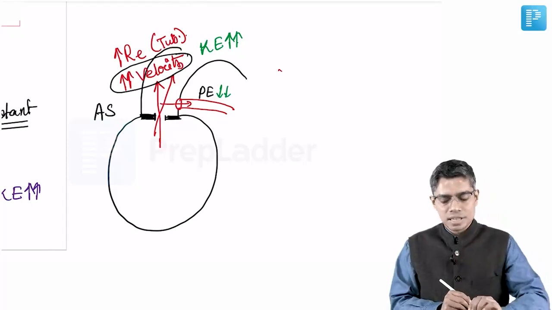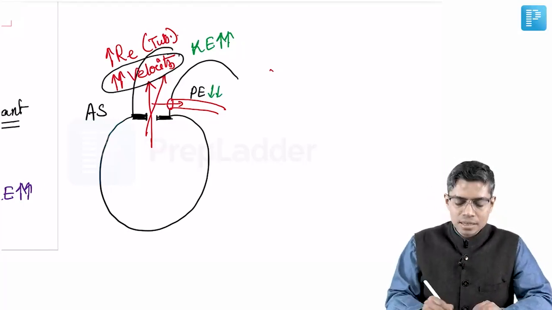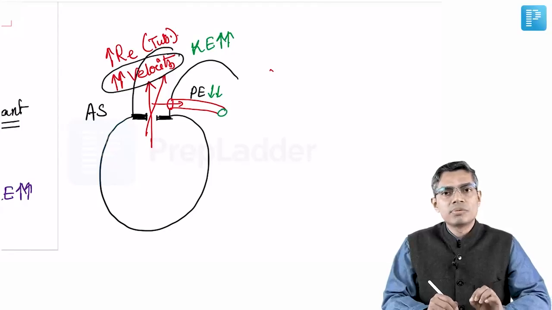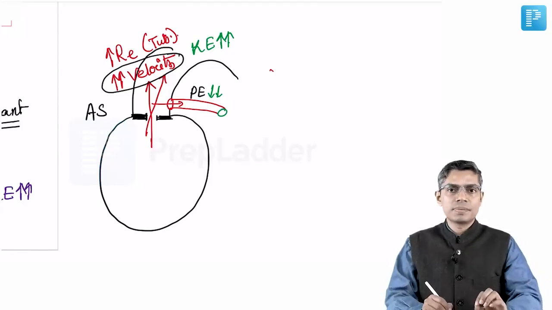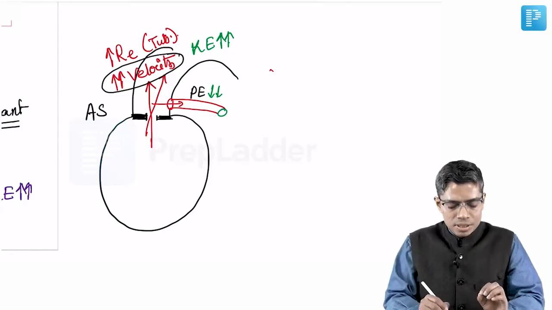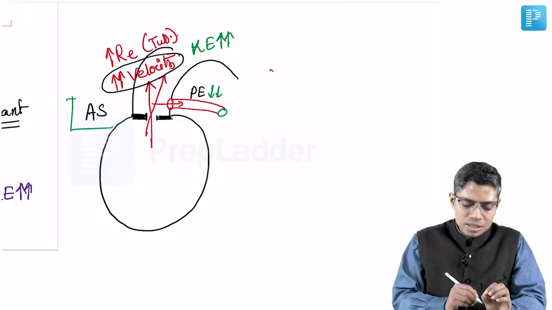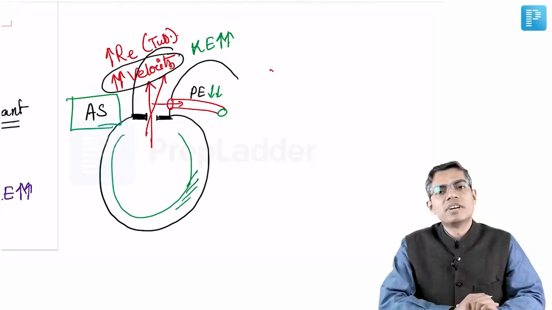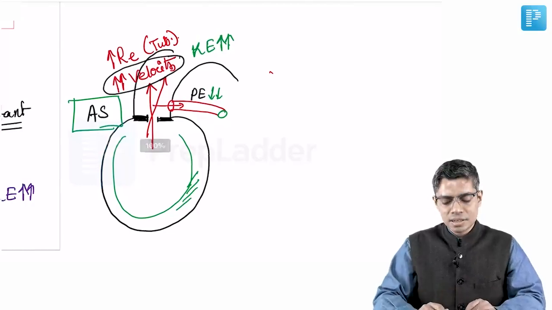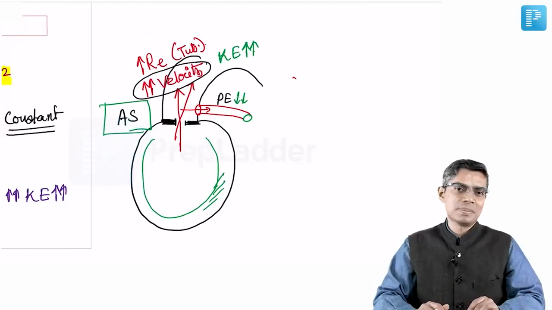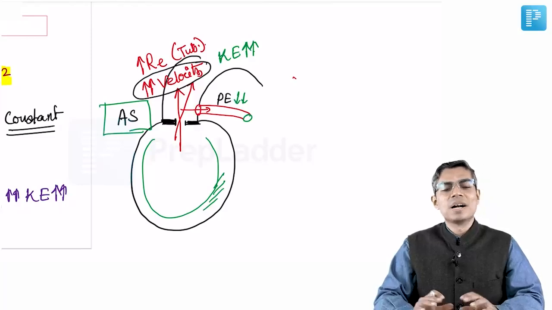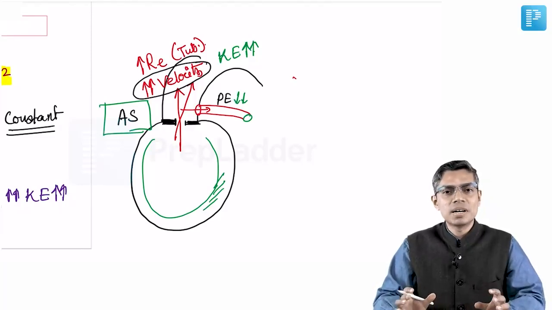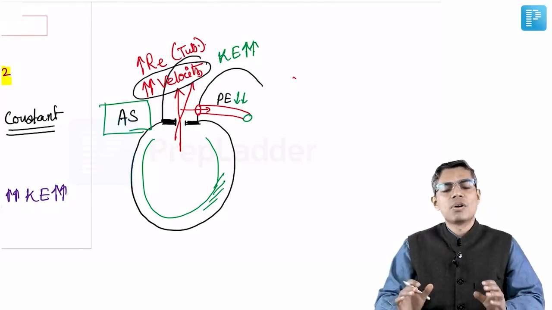Potential energy will decrease, and that's why the coronary perfusion pressure will be reduced, because of which the aortic stenosis patient is more prone to ischemic damage of the ventricular muscles. So again, this is an application of Bernoulli's principle. I hope you understand this hemodynamics part in brief. So this is all about cardiovascular hemodynamics.